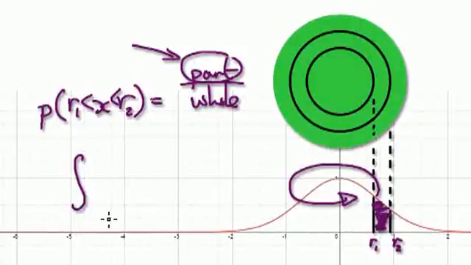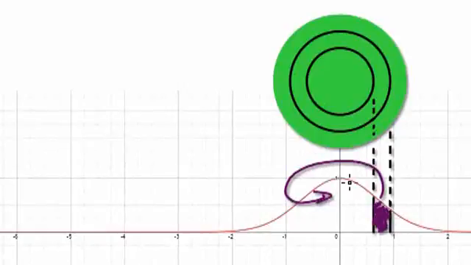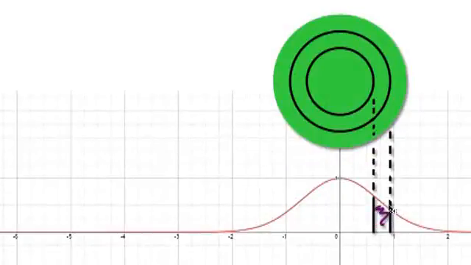So the part would be us taking the integral from R1 to R2. Hang on, the part would be us working out this volume here, revolving it around 360. But within this part here, we need to take the integral. So it's really us taking lots of cylinders.